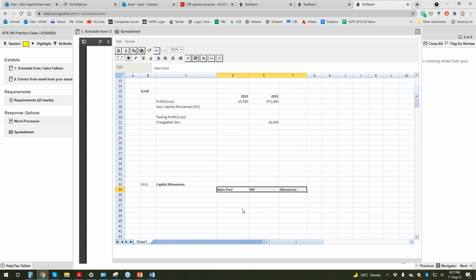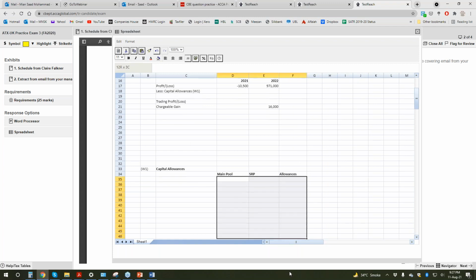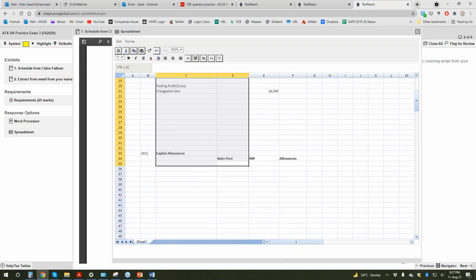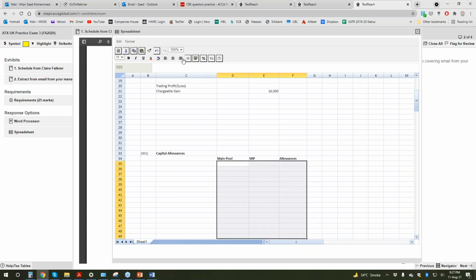I will bold these as the headings. Let's select all of these cells and select their formatting.